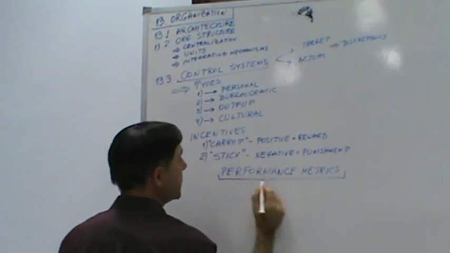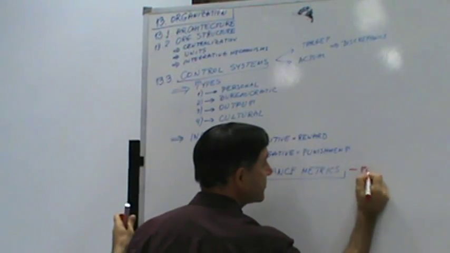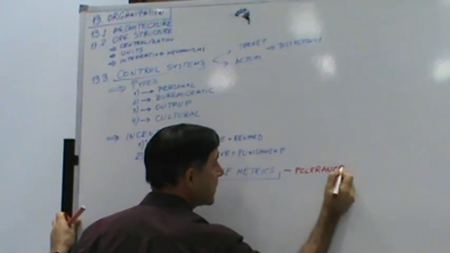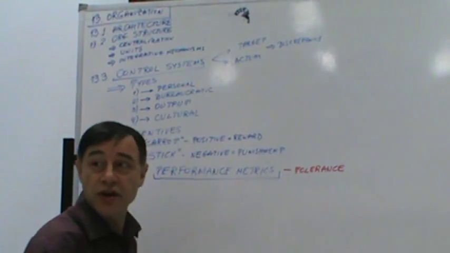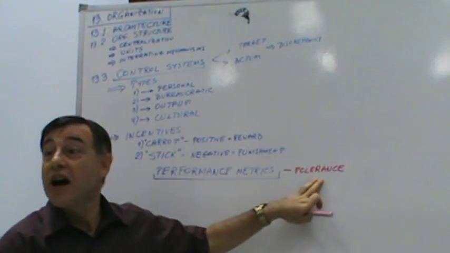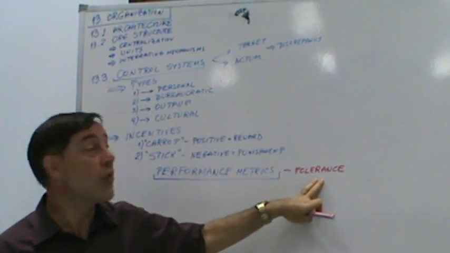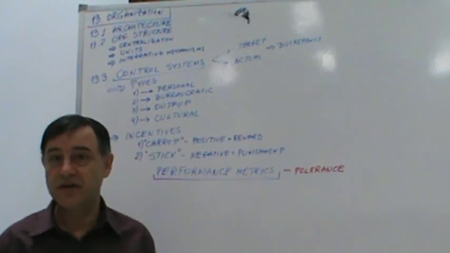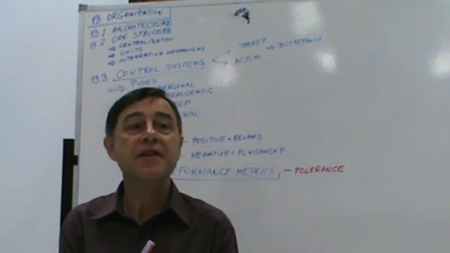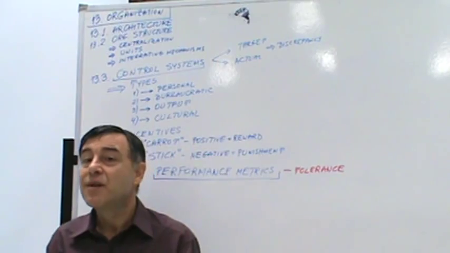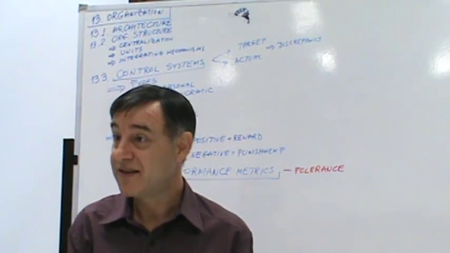Okay, I can do it here. Tolerance is acceptable deviation from the targets. You've got to be at work at 9 o'clock. But if you're 30 seconds late, probably it's not a big problem, right?